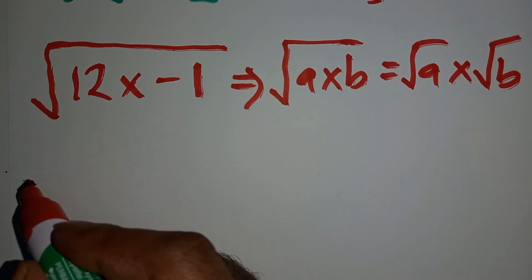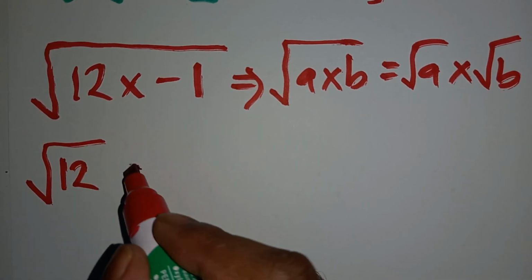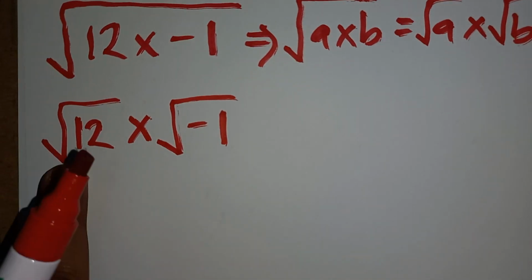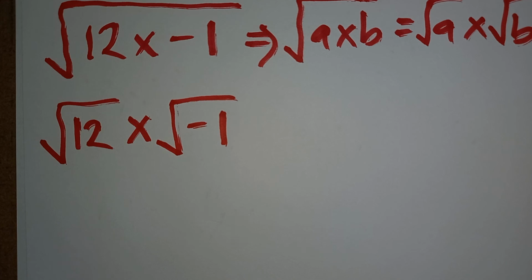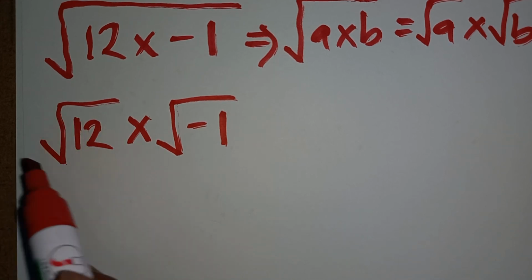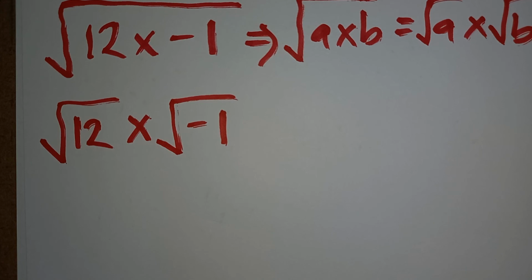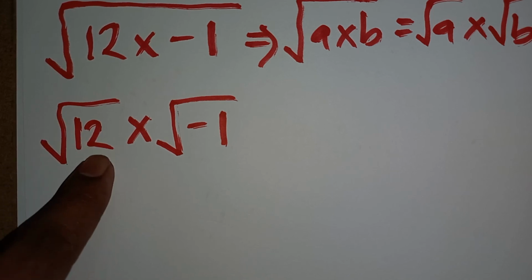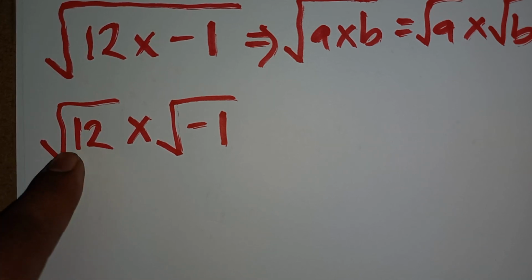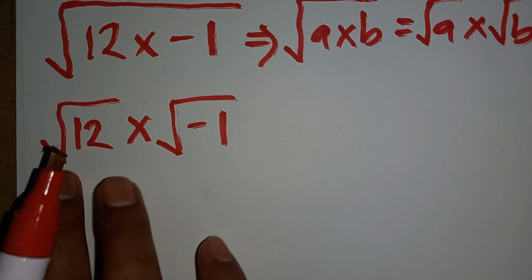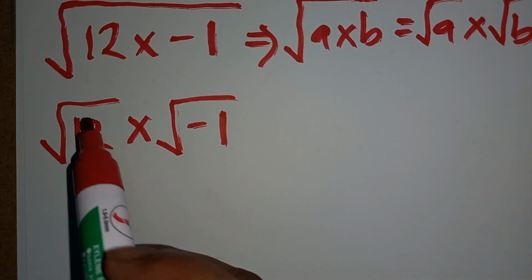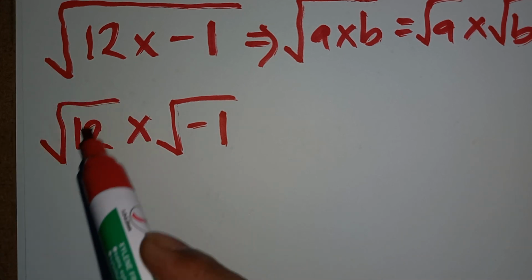That means this can be written as root of 12 times root of negative 1. Now root of 12 is a surd. You cannot take root of 12 as a whole number or as an integer. It won't be an integer value, because root of 12 is a surd. Now we can further simplify this surd, root of 12.